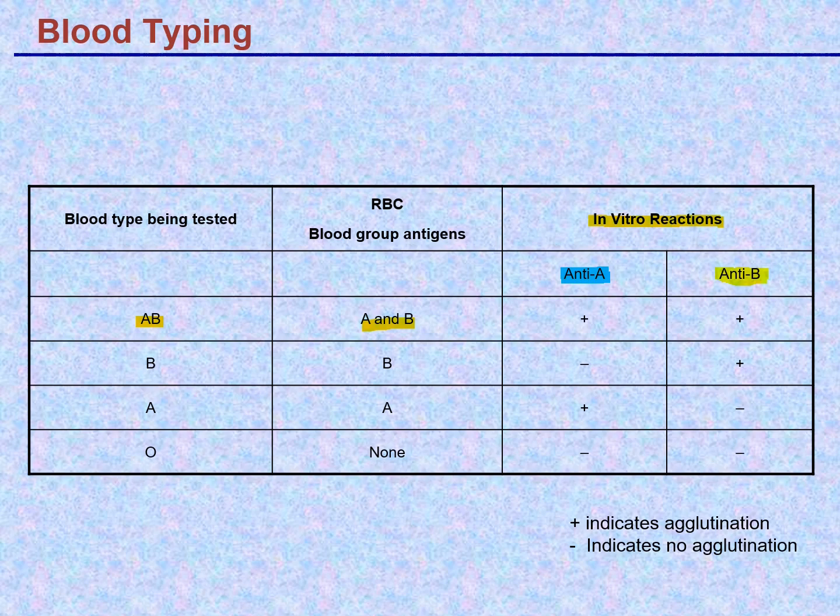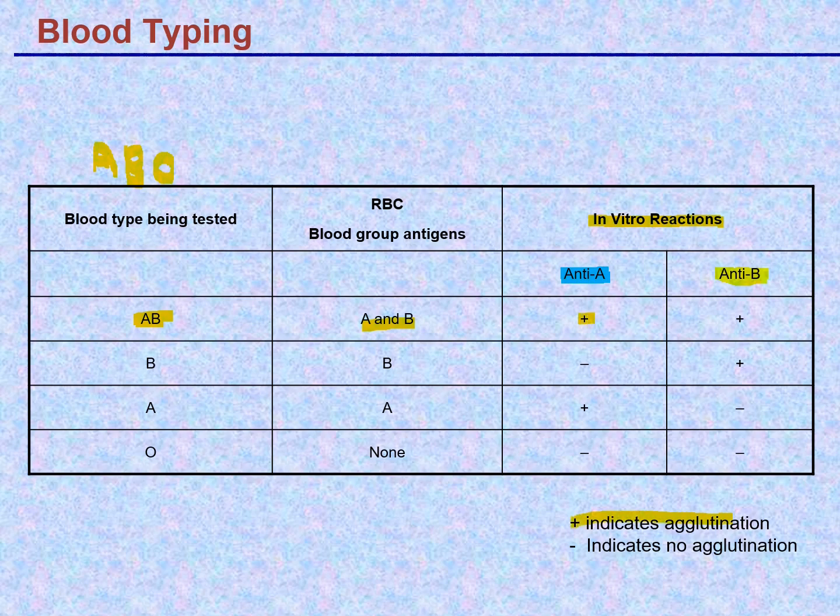So you look for the reaction in a tube. You take some of the cells from an individual and you put them in a tube. You take, in this case, two separate tubes, and in one you put anti-A, and in the other you put anti-B. And then you add the cells, and if the person is AB, here we're just looking at ABO, not Rh, you will get agglutination.